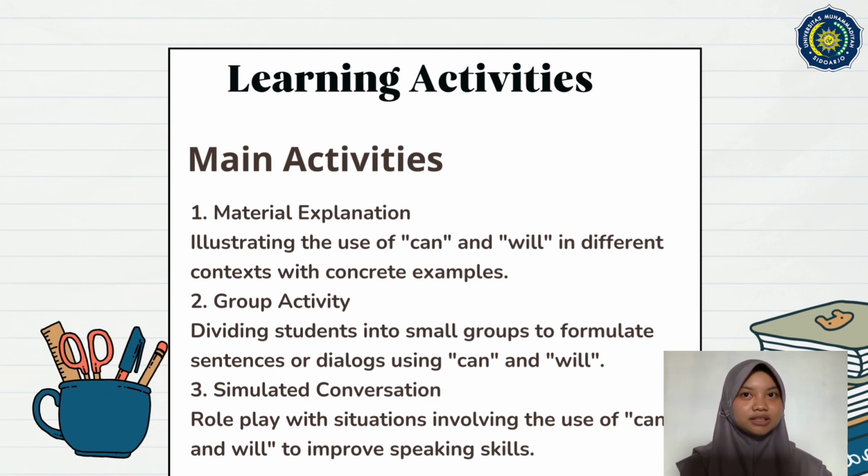In the main activities, there are 3 steps. First step is material explanation, illustrating the use of can and will in different contexts with concrete examples. The second step is group activities, dividing students into small groups to formulate sentences or dialogues using can and will.